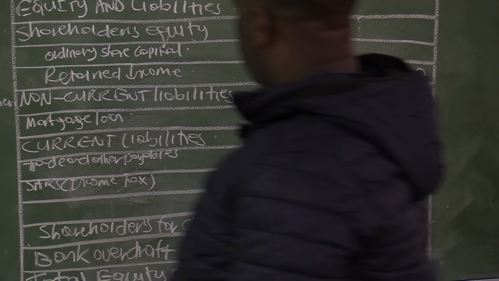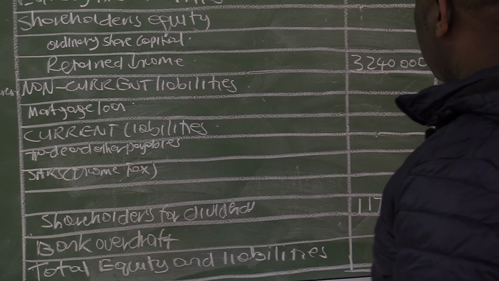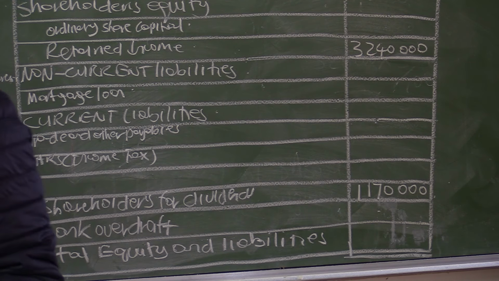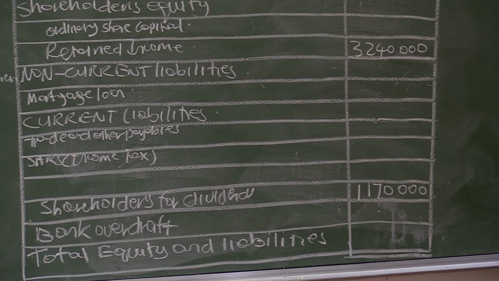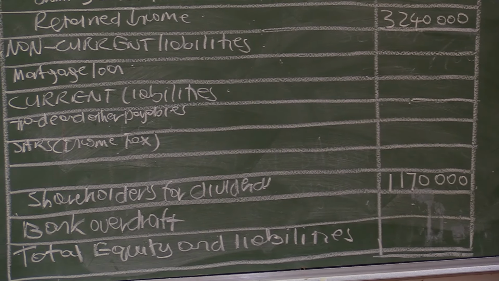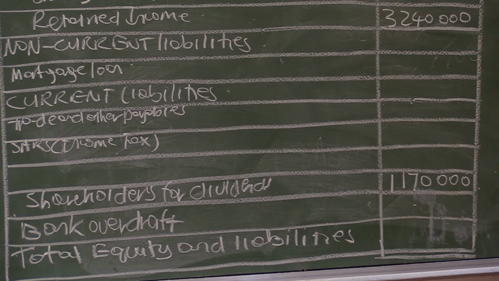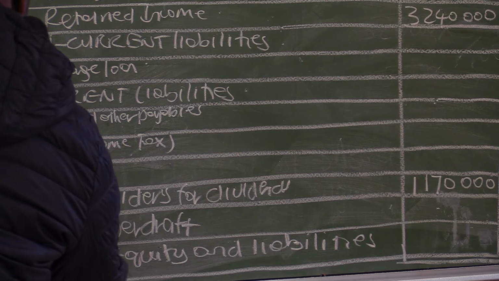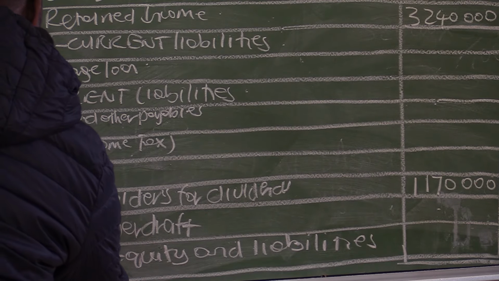You will have your SARS in brackets, income tax. We'll also add other things if they come up, but for now, let us just focus on this. You have your current liabilities, which are trade and other payables, your SARS in brackets income tax, your shareholders for dividends and your bank overdraft. And another thing that I'm leaving out here will be your current portion of loan.